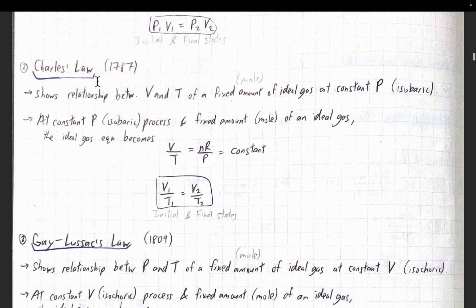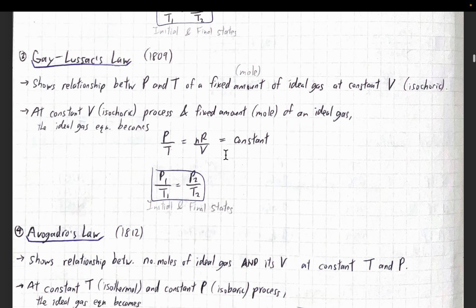For Charles' law, this is V over T, no? So we consider this as an isobaric process because pressure is held constant here.